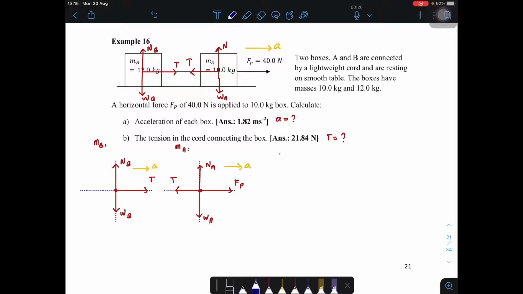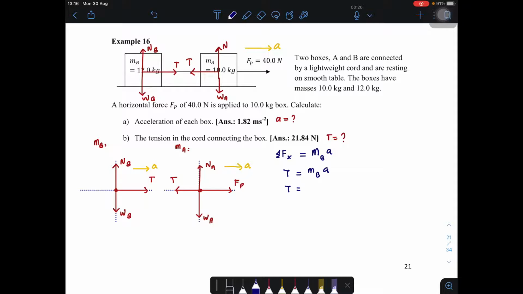Okay, now we will look at this one first, where we have Fx equal to MBA. Follow the direction of acceleration: it must be positive. So T follows A, so both are positive, equal to MBA.